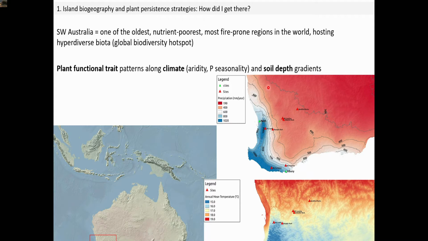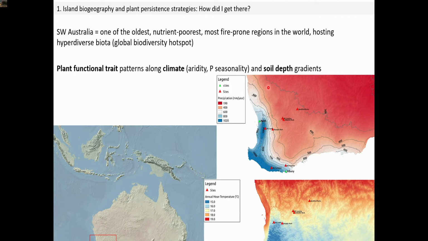These are my study areas, and the upper panel is about precipitation and the lower about temperature. As you can see, there is a strong gradient running from the mesic and cooler southwest towards the arid and warmer northeast of the southwestern region.